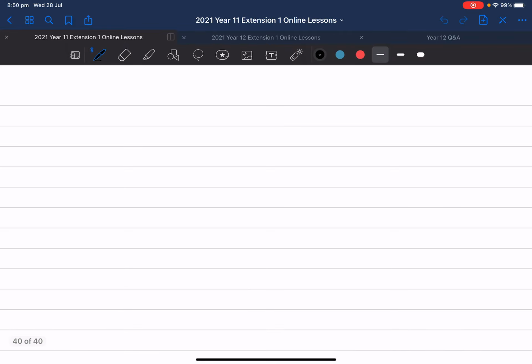The first type of question, we'll just say example 1. Okay, so I'd like to show you the first type of question they're going to give you in exams, for the Year 11 exams. This is from exercise 10F, question 2, and I'm just going to pick a few parts from question 2.